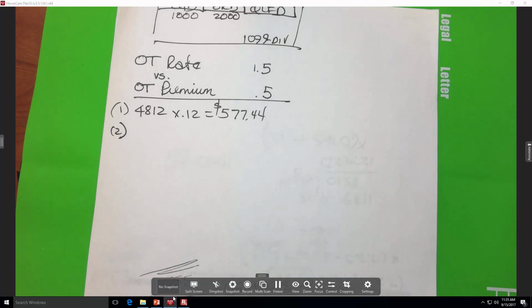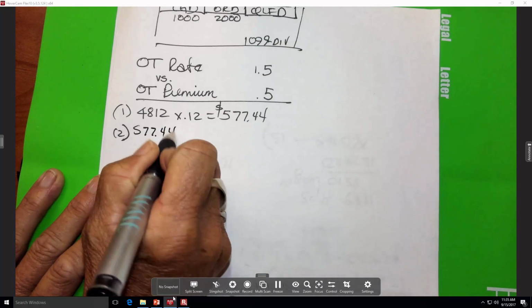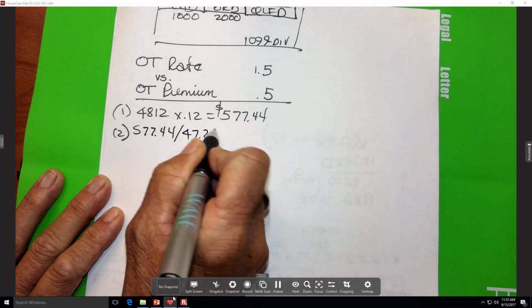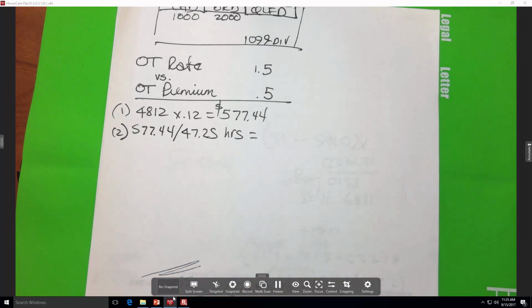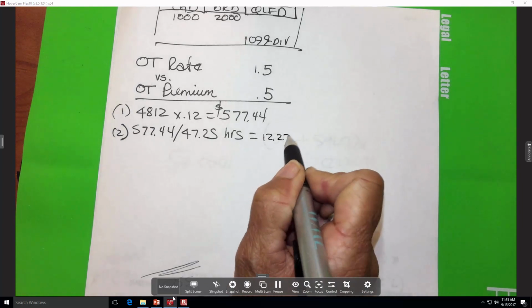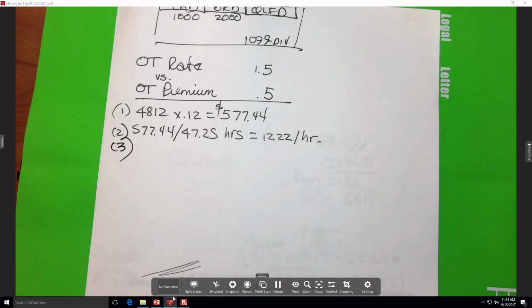So figure out what his hourly rate is, and he worked 47.25 hours to make that, didn't he? Making $12.22 an hour. All good. Definitely making minimum wage, right?